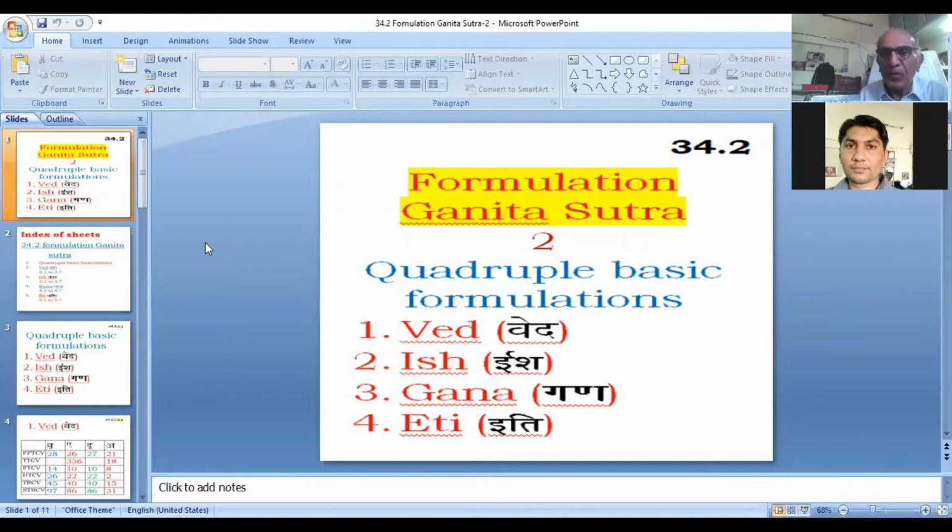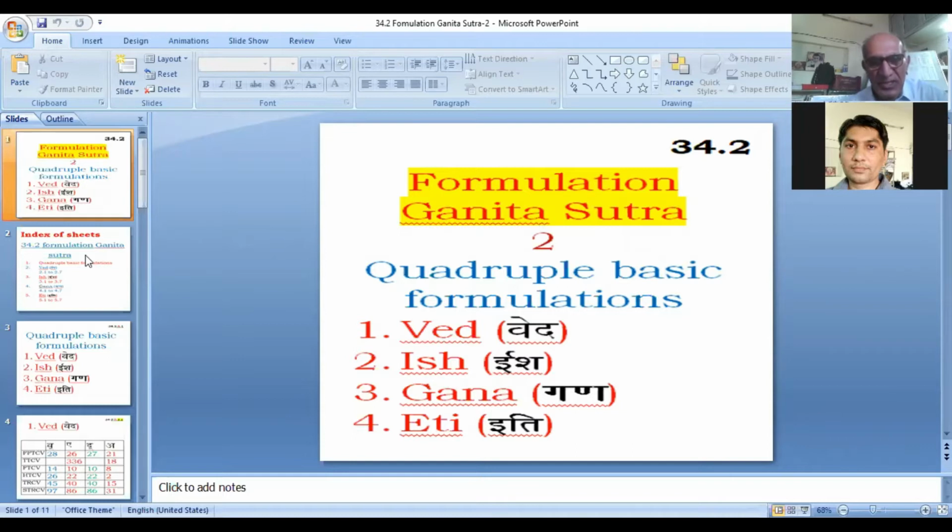Welcome. We are devoting this session for the exercise to reach at the inner values of Formulation Ganita Sutra.